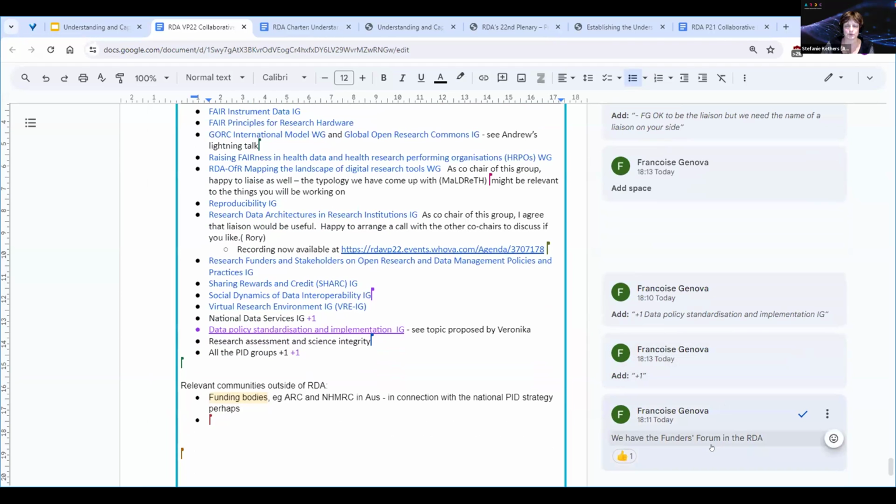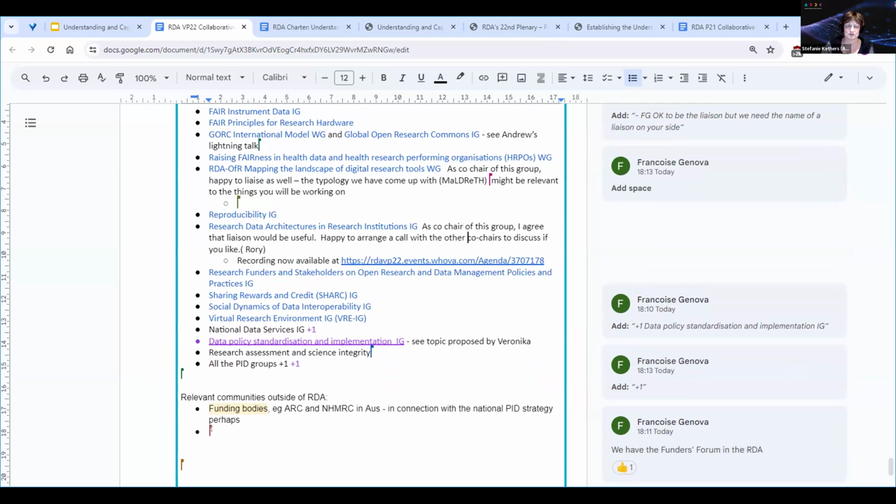Yes, the Funders Forum. That's a good point, actually, Francoise. Is that still alive? I think the Funders Forum, my understanding is, is likely alive. I am not sure their interest group is still alive. So this has to be checked because they had a funders and other stakeholder interest group.